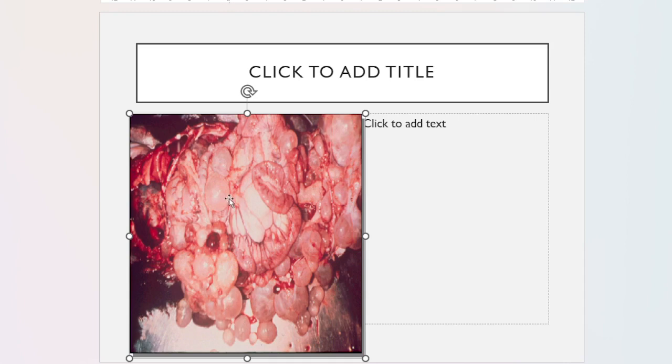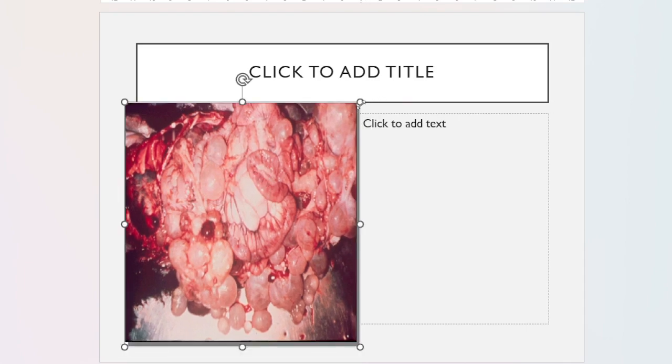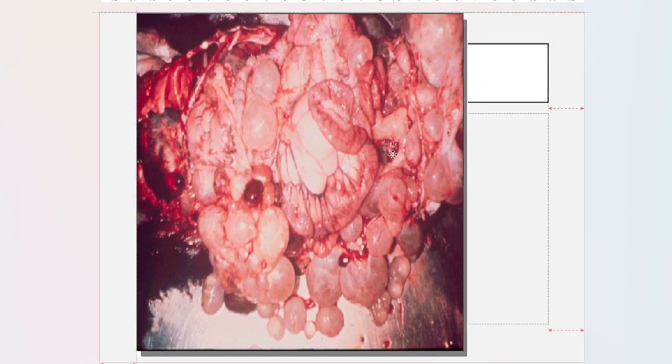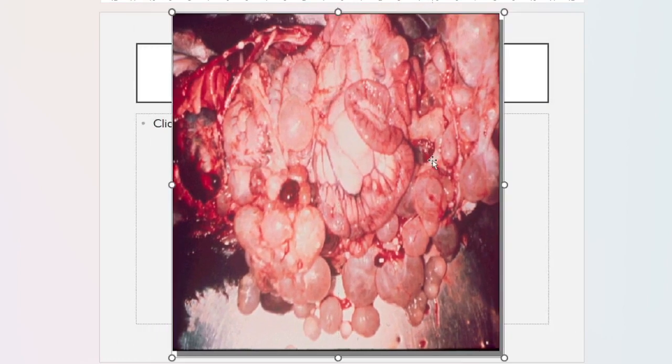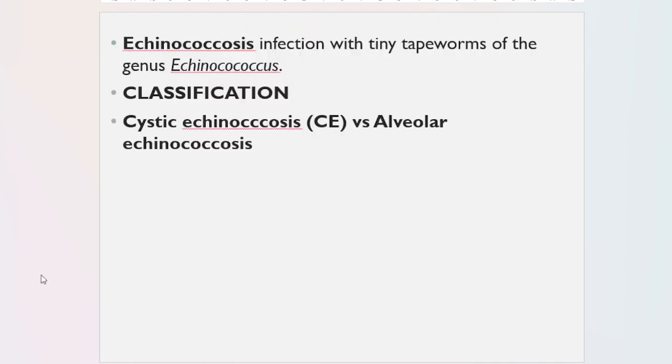It has fluids inside. So, I don't know what organ is this, pero baka sa liver, kasi usually liver, lungs, and brain yung mga tina-target. So, it looks like a cyst, but that is filled with fluids.